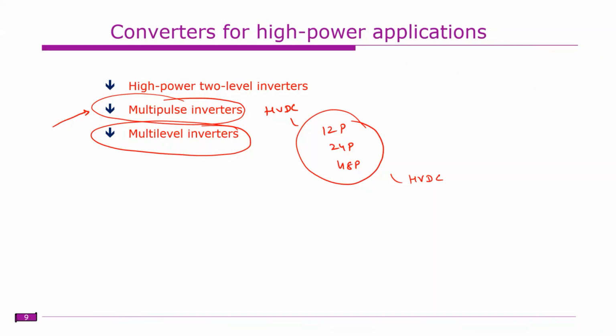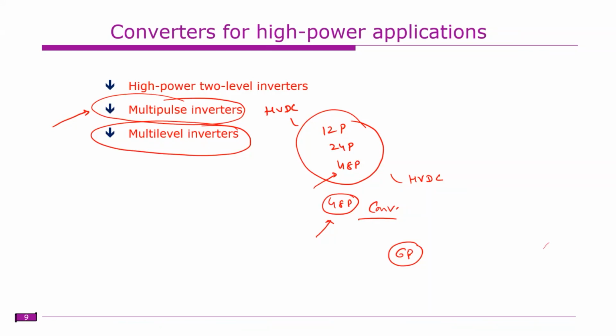In case of HVDC, we normally prefer 48 pulse converters. How many 6 pulse converters are required to obtain a 48 pulse converter? You studied it, no? Have you studied the HVDC transmission course? I think everyone has studied this.